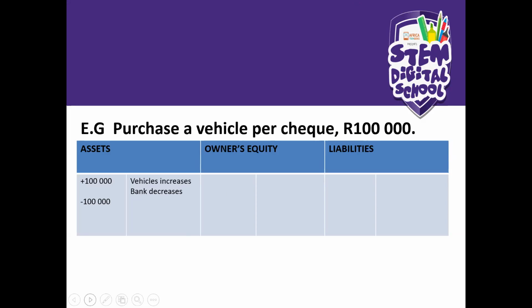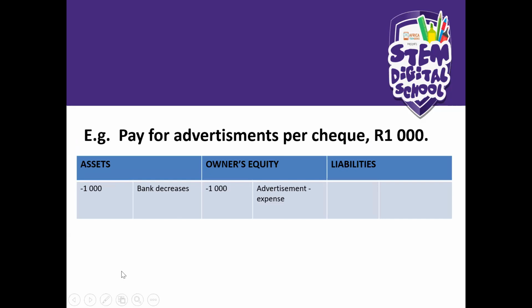Right, next example. Pay for advertisements per check, 1,000 Rand. Okay, let's first talk about what the transaction is all about. It's about an advertisement that you're going to pay the amount 1,000 Rand. Right.